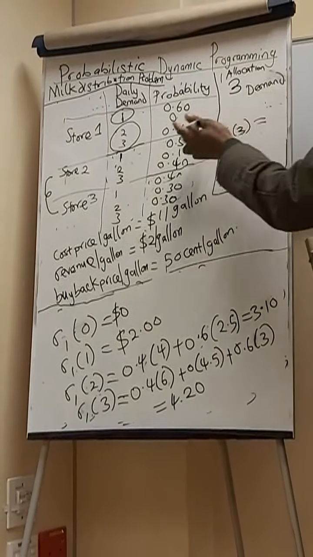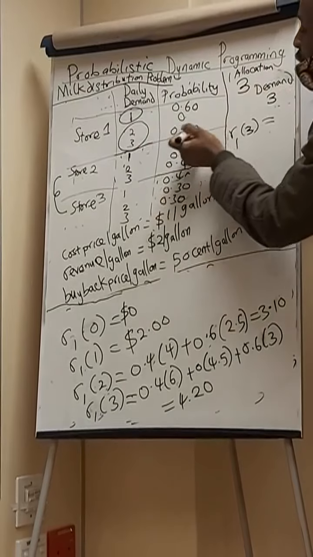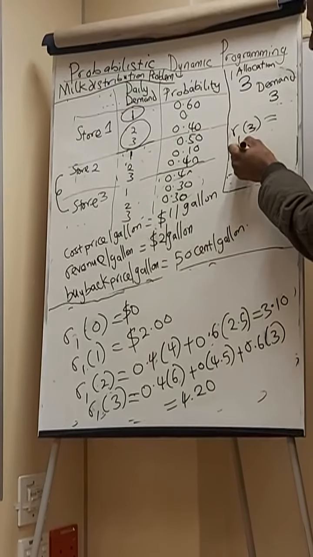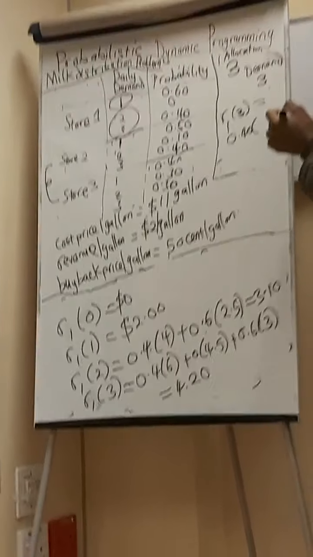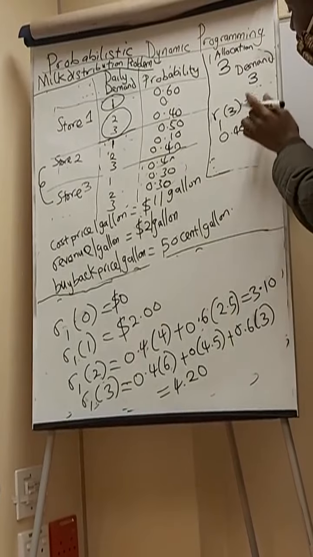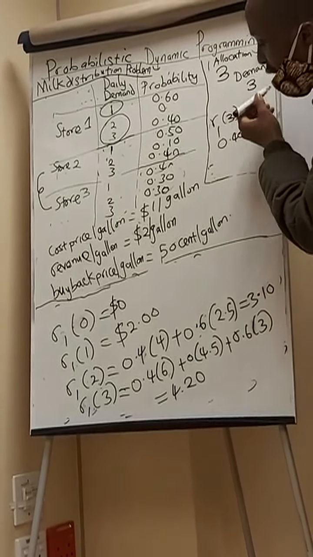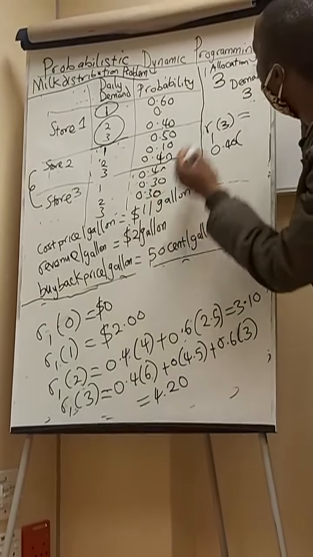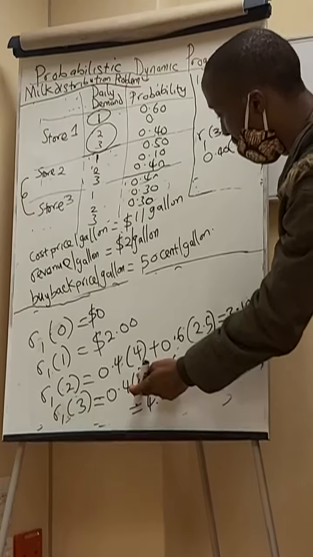In this case, if the demand could be 3, there is a 40% chance of having a demand of 3, which is 0.4, and the revenue you are going to get if the demand is 3 is 2 times 3, which is 6. That's how we get 0.4 times 6.